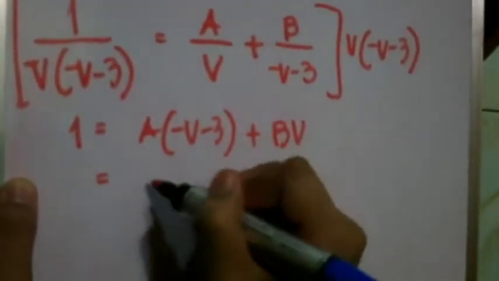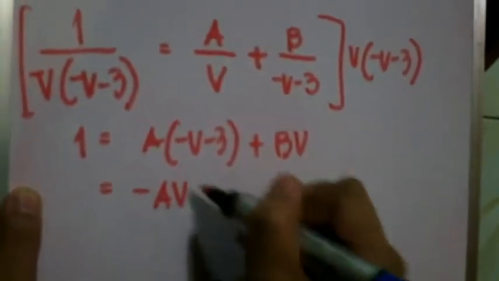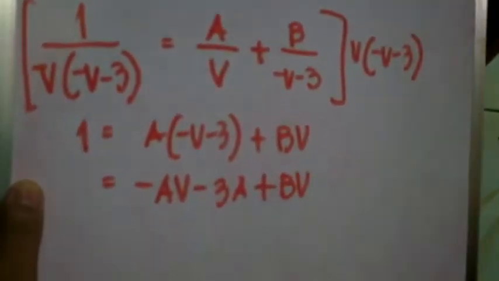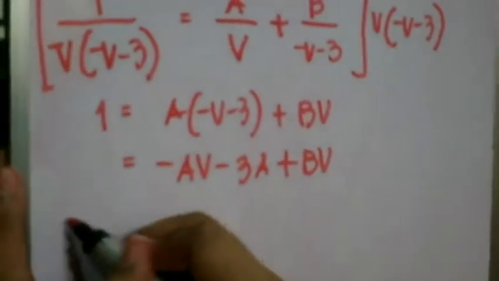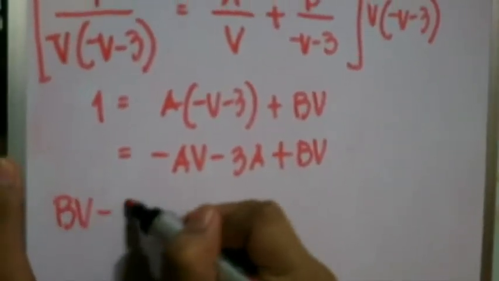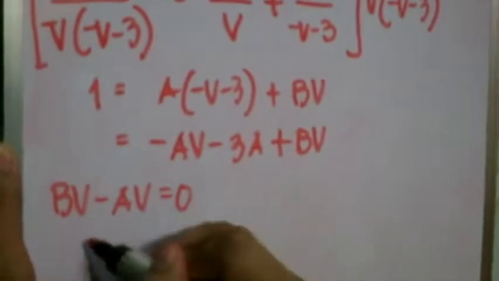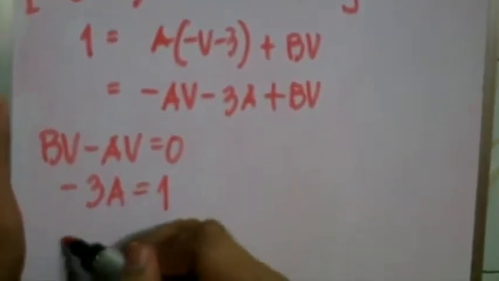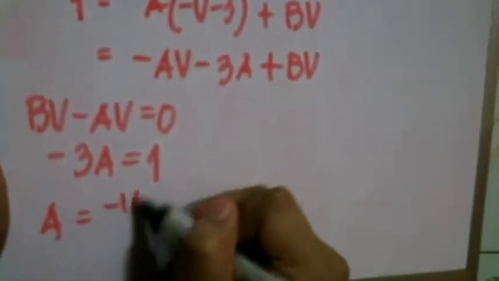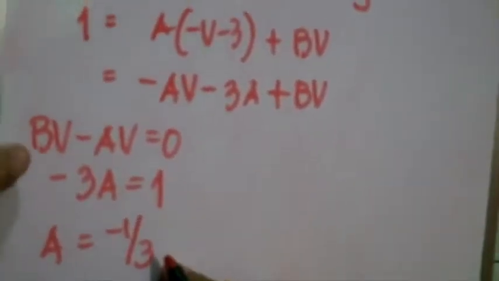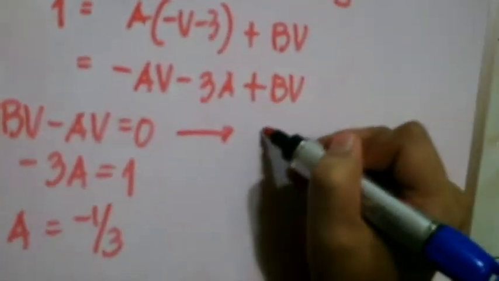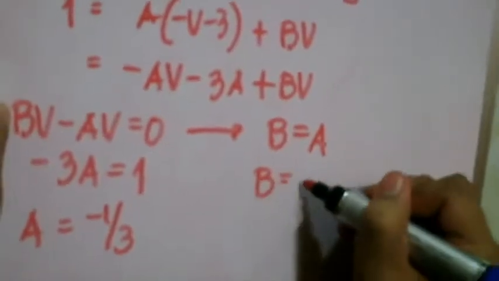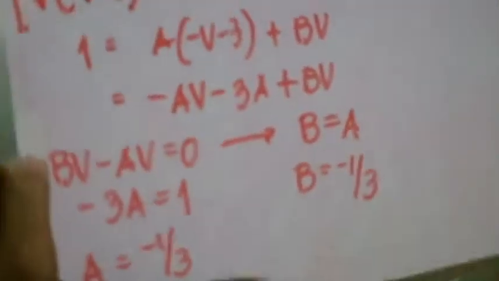Simplifying further, we have minus av minus 3a plus bv. Combining like terms, we have bv minus av is equal to 0 and negative 3a is equal to 1. We have the value of a as negative 1/3, and substituting this value into this equation, we have b is equal to a, where b is equal to negative 1/3.